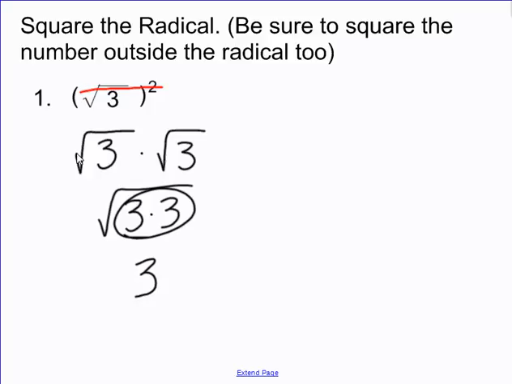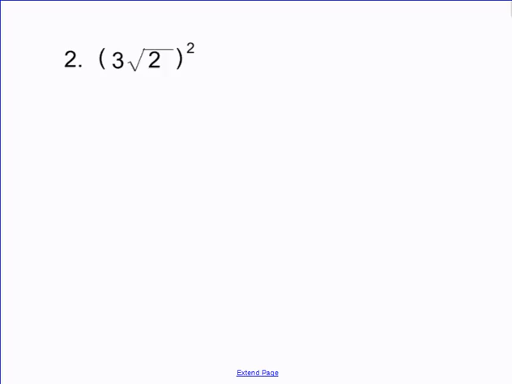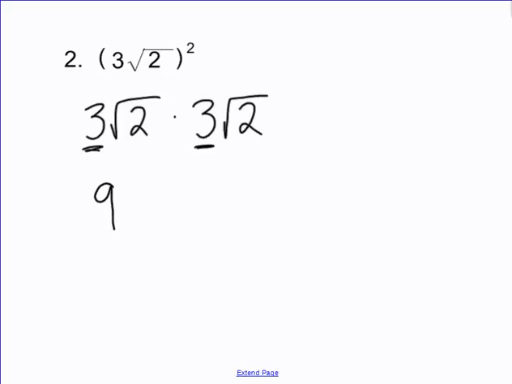You're left with underneath. If I'm doing 3 times radical 2, I need to square it. So I'm going to multiply it to itself. So I'm going to multiply 3 and 3. And then I'm going to multiply radical 2 and radical 2. So that turns into something like this.